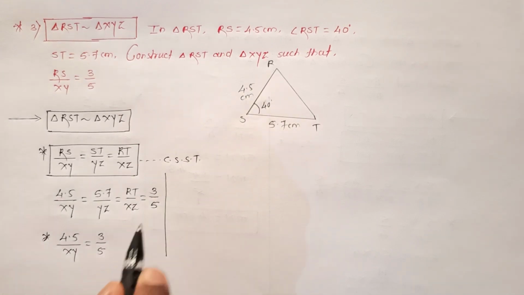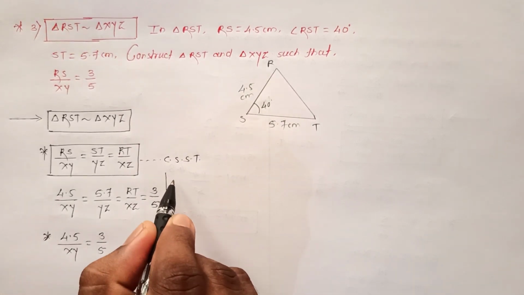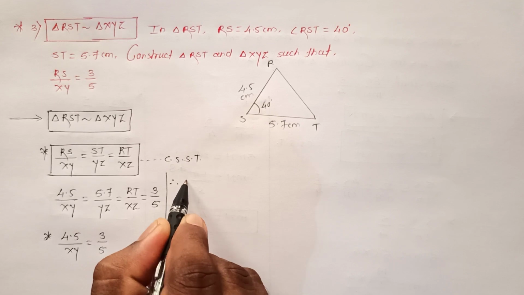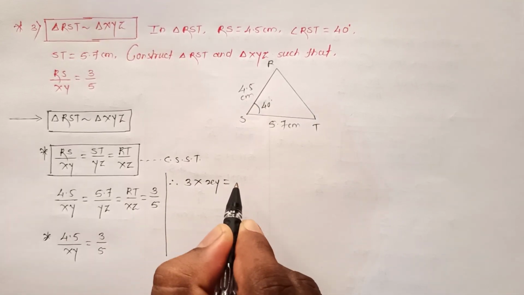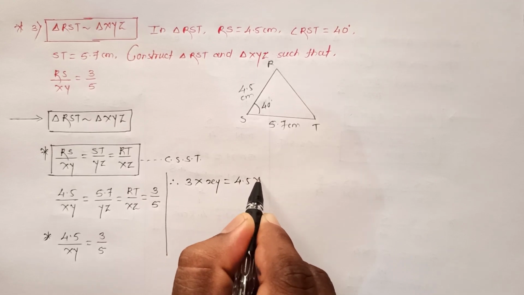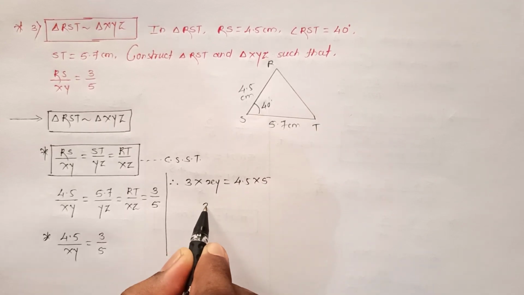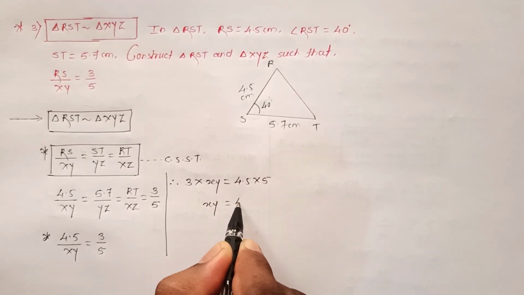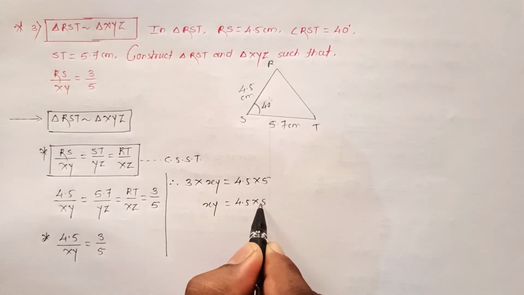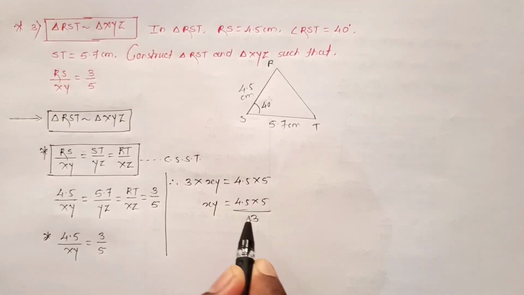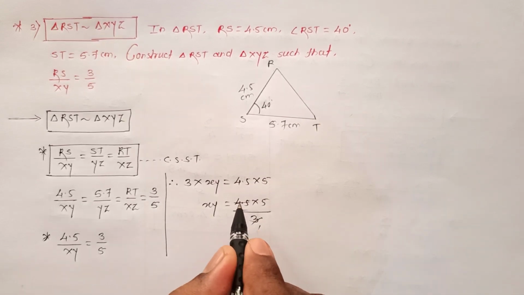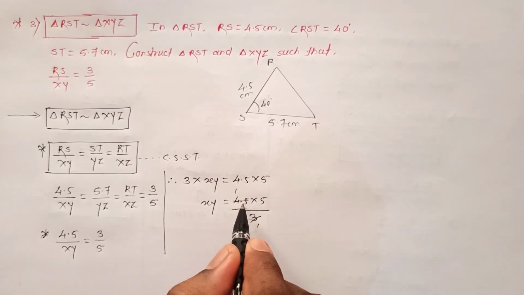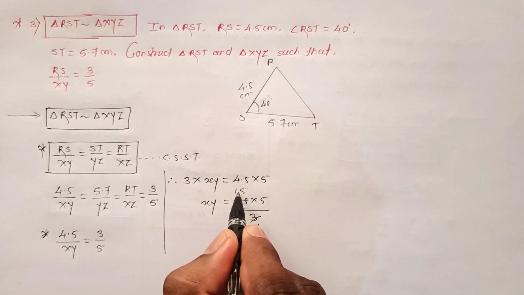By making cross multiplication, we can write here like this. So 3 into XY is equal to 4.5 into 5. So XY is equal to 4.5 into 5 upon 3. 3 ones are 3, here again 3 ones are 3, 1 remains, so 3 5s are 15.